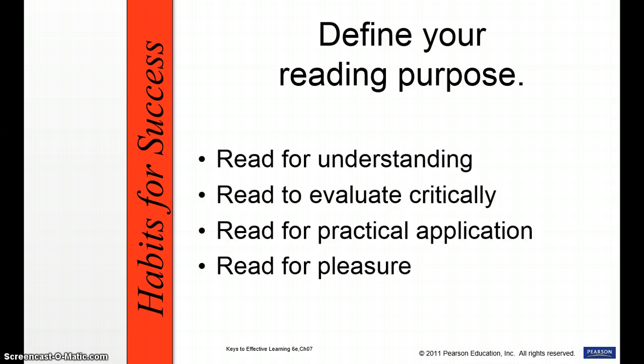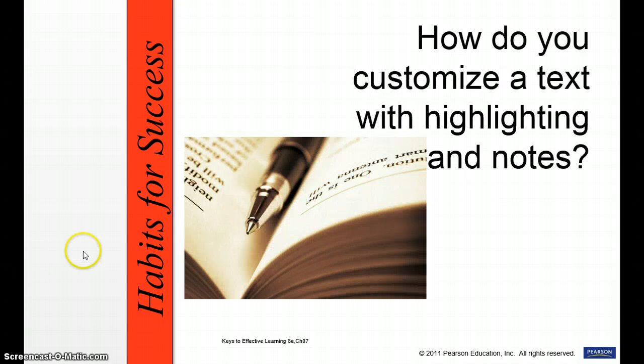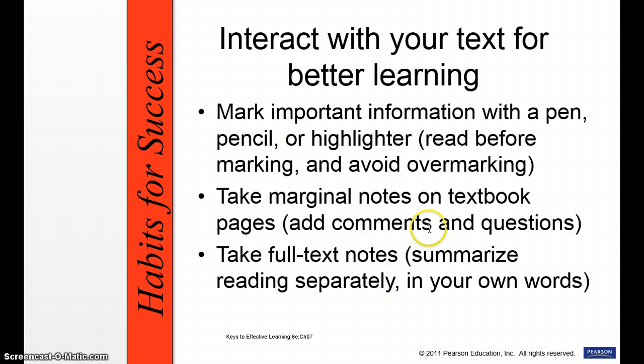And you can, of course, customize your text. This can be done with highlighting and with taking your own notes. Or you can interact with your text for better learning. Mark information you find important with a pen, pencil, highlighter, turn the page down.